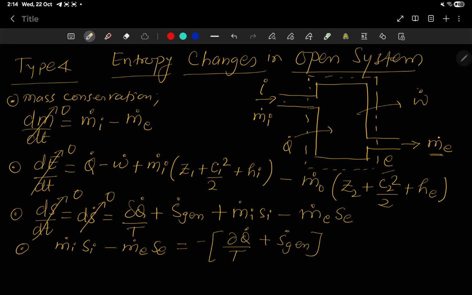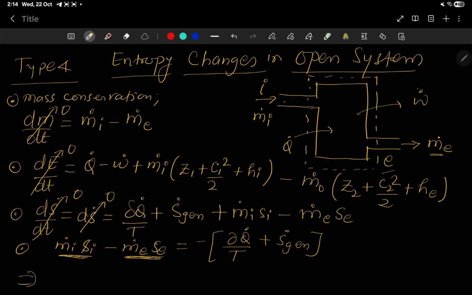Fine. So if this is initial inlet entropy, this is exit entropy, right? Now if we take negative sign here, this will interchange.